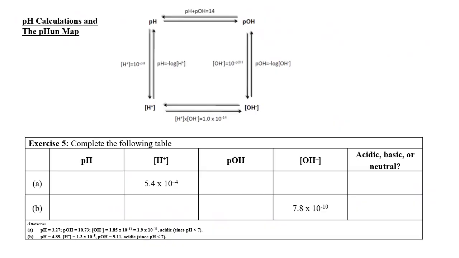All right, so here's how we do some of these pH calculations. All of these equations come from the autoionization of water and the Kw expression in that original equation. It's all based on that. However, let's just look at how we use these. The map is going to help you navigate all of the calculations.